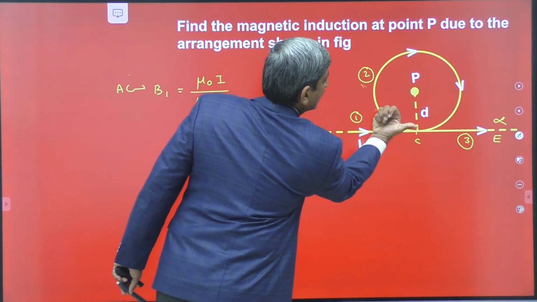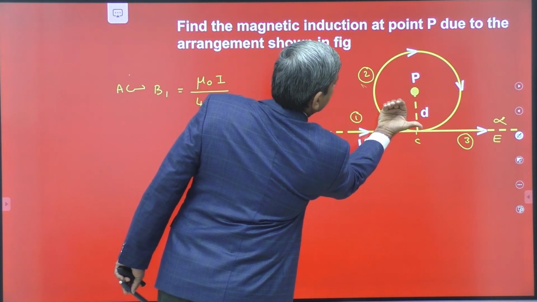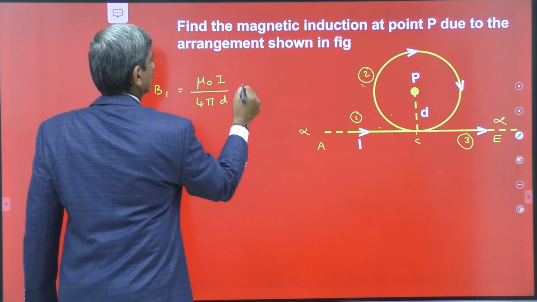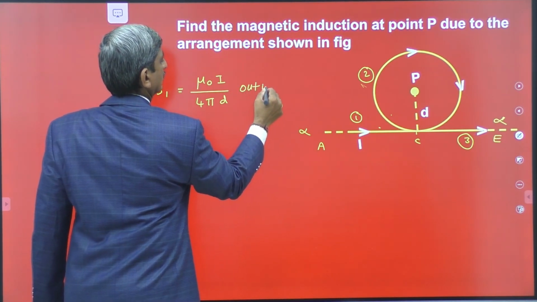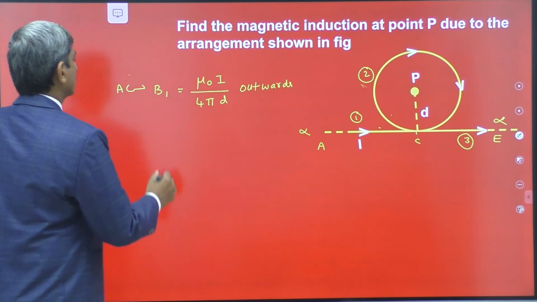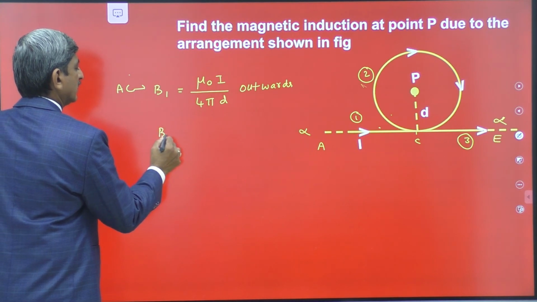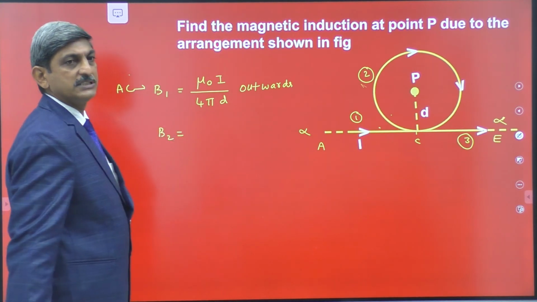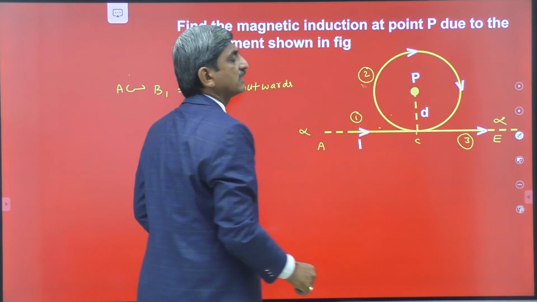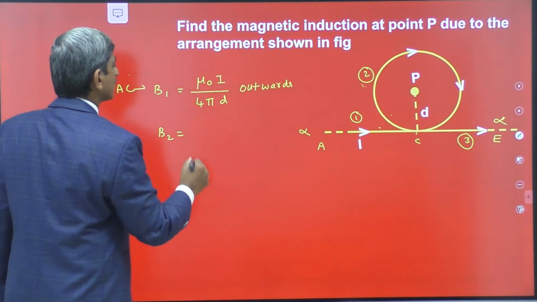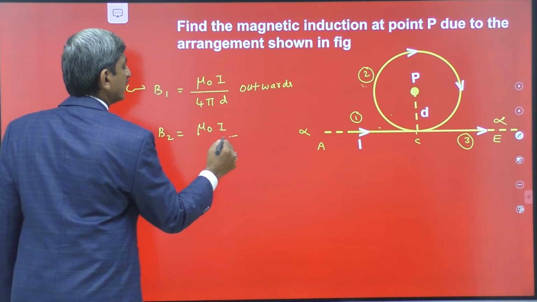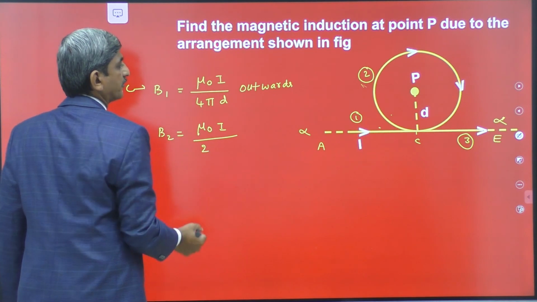Here, open the thumb finger in the direction of the current, then the direction of the magnetic field is coming out of the board. Now, come to the magnetic field produced by the circular coil. Here this coil is having only one turn and the magnetic field produced by the circular coil is given by B2 is equal to mu naught I divided by 2R.